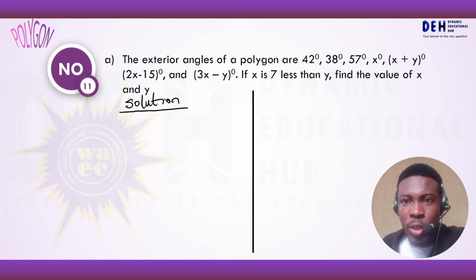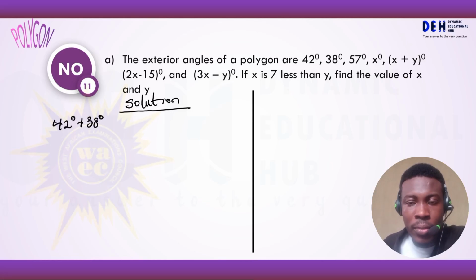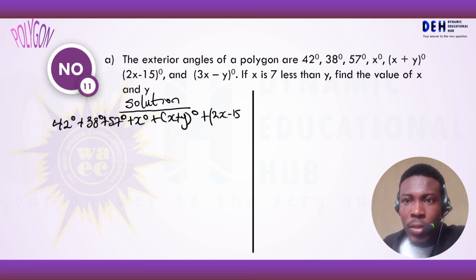We want to use the fact that the sum of exterior angles of a polygon is equal to 360 degrees. So we add all these angles together: 42 degrees plus 38 degrees plus 57 degrees plus x degrees plus x plus y degrees plus 2x minus 15 degrees plus 3x minus y degrees.